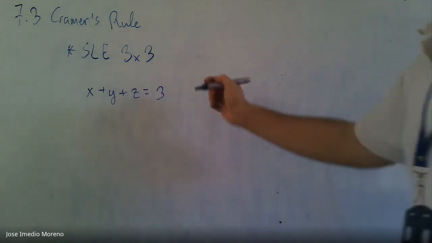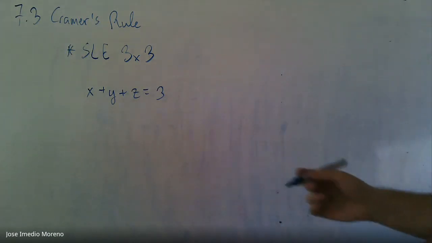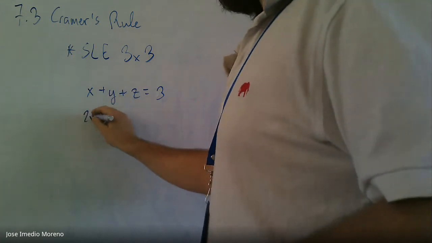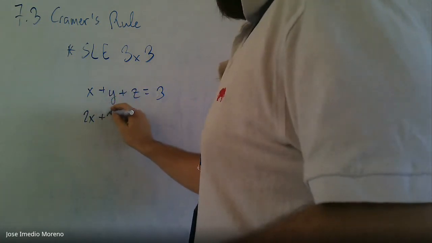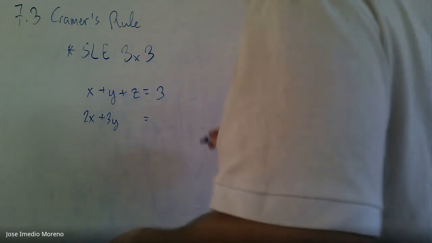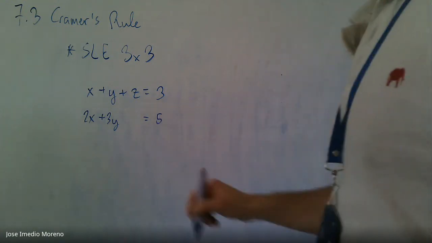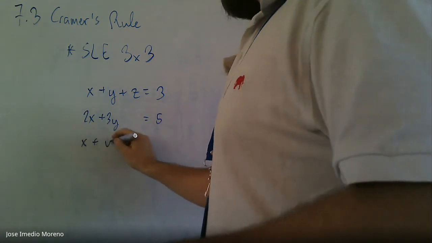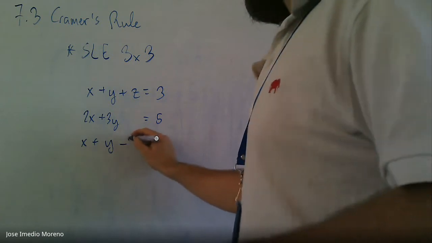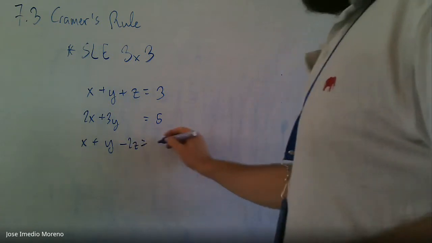So I'm going to write the three equations on three variables. This is 2x plus 3y equals 5, and this is x plus y minus 2z equals 0.